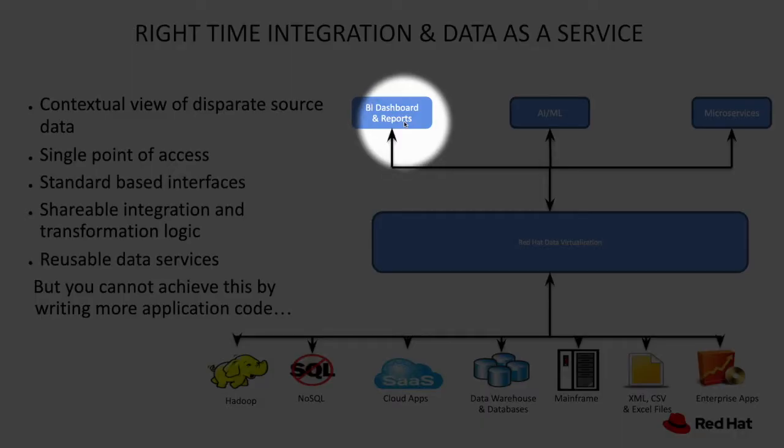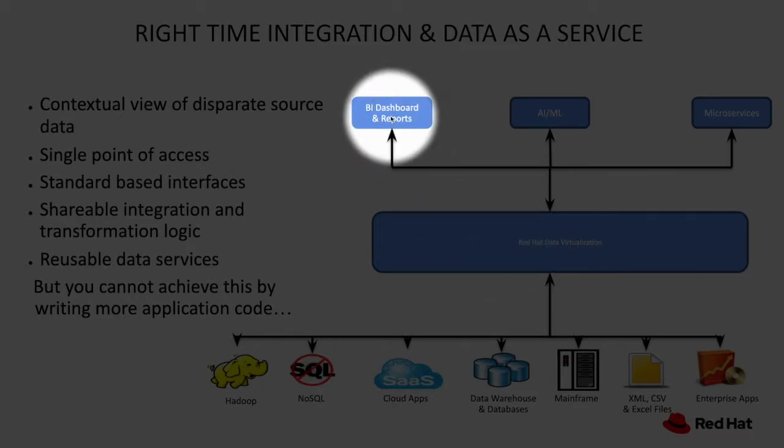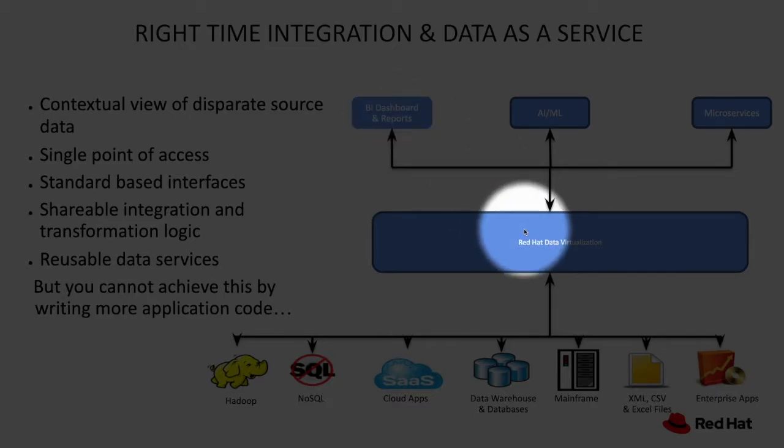Your applications now use standard interfaces to access the relational database, the virtual relational database. For example, for BI dashboard and reporting, you'll be using JDBC or ODBC to access the virtual database.